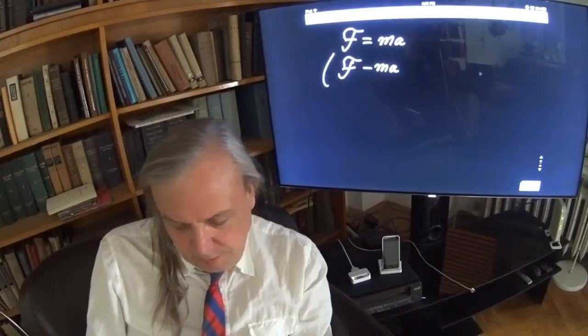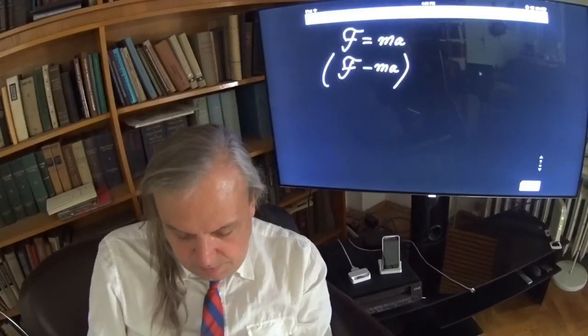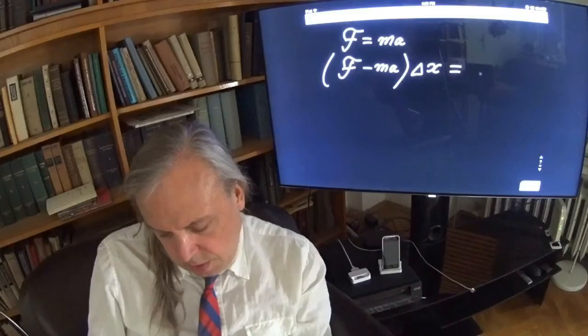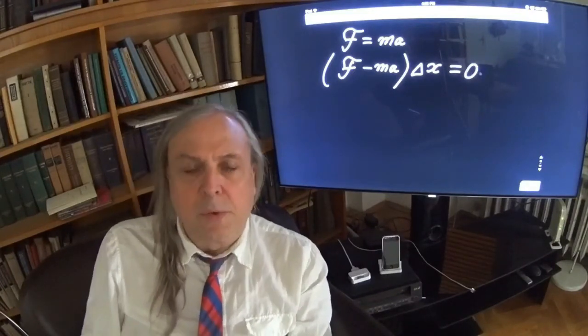So in order to be physically consistent, we must multiply this expression in the parentheses by delta x, which again is equal to 0.